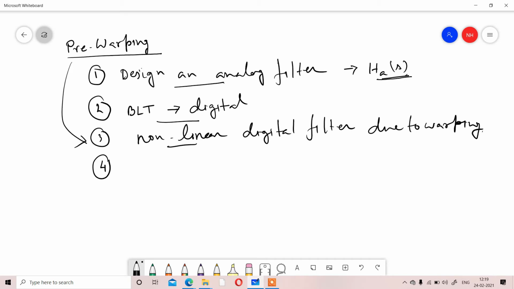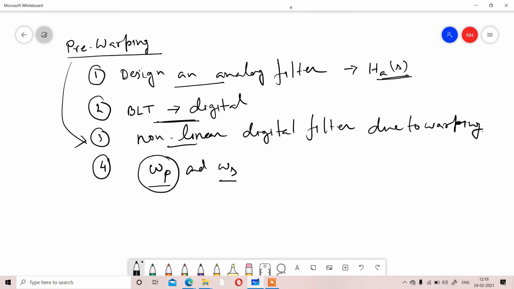What you will do, depending on that bilinear transformation method, you will get your frequency characteristics. That means you will get your omega P and omega S, that is the passband frequency and stopband frequency.